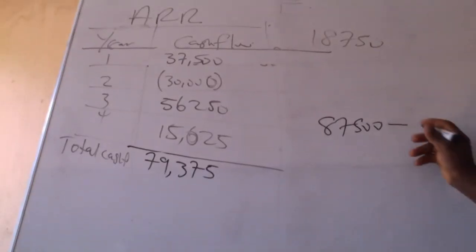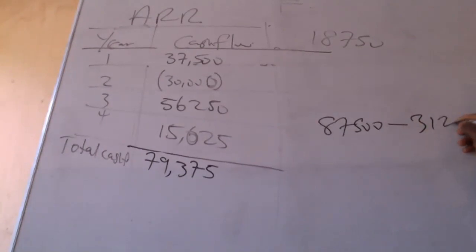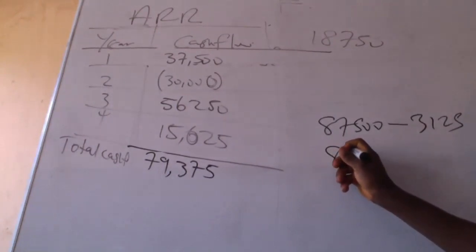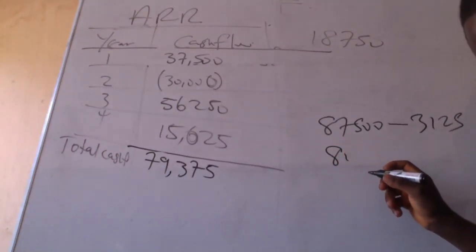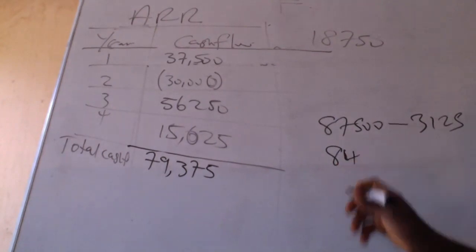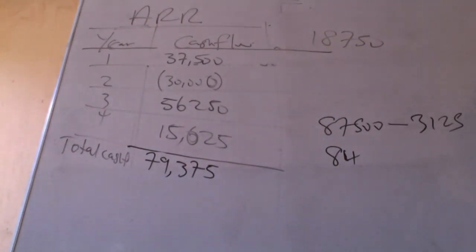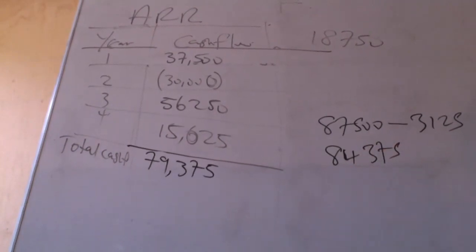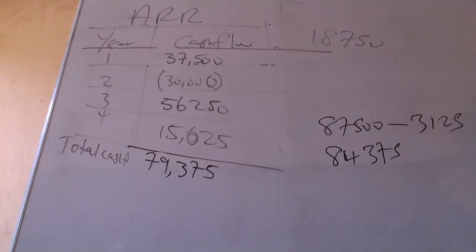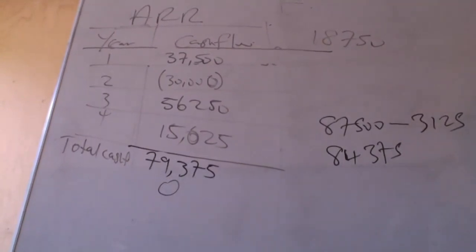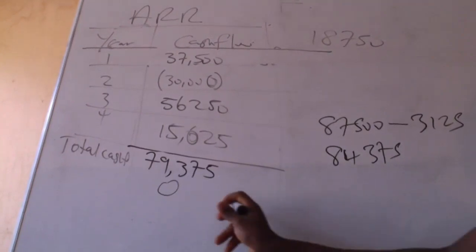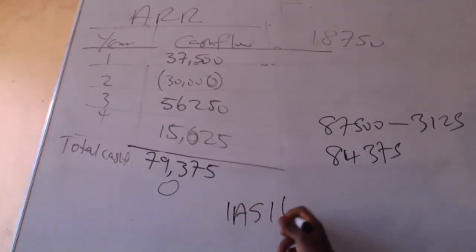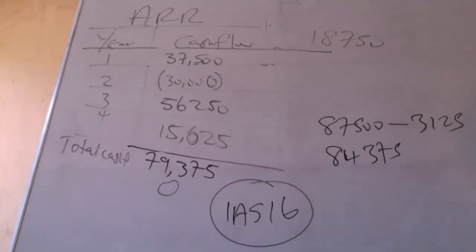Good. So that's why you had 84,375. In fact, the way you're understanding the question, I like it too. The truth of the matter is that we don't depreciate land. Do you remember from IAS 16? We don't depreciate land.